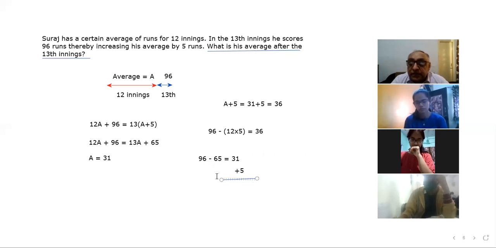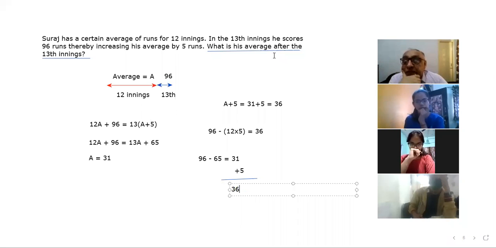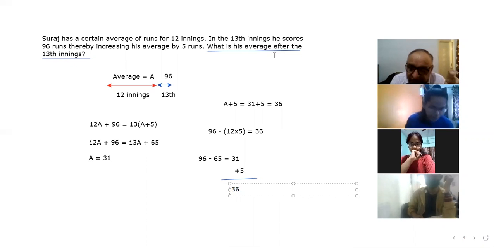Okay, you can understand it this way also. If the total score of the 13th innings had been equal to the average of the previous 12 innings, then it would have been 31. To increase the average by 5 per inning over 13 innings, we needed 65 runs, and those 65 have gone there. It means if these 65 extra runs were not there, the 13th inning score would have been equal to the average of the previous 12 innings, and that should be 31.